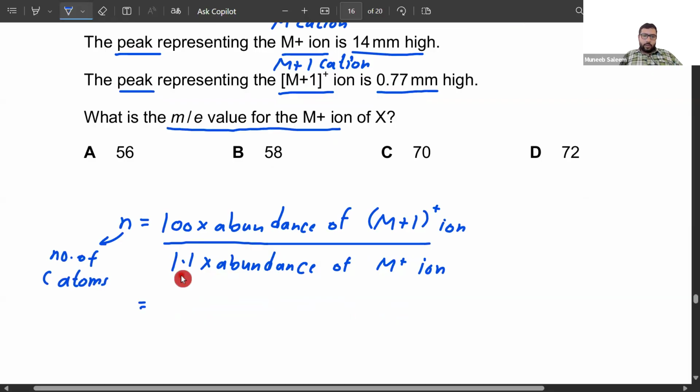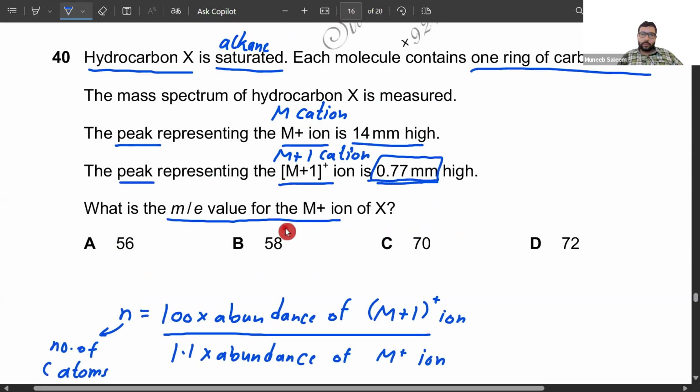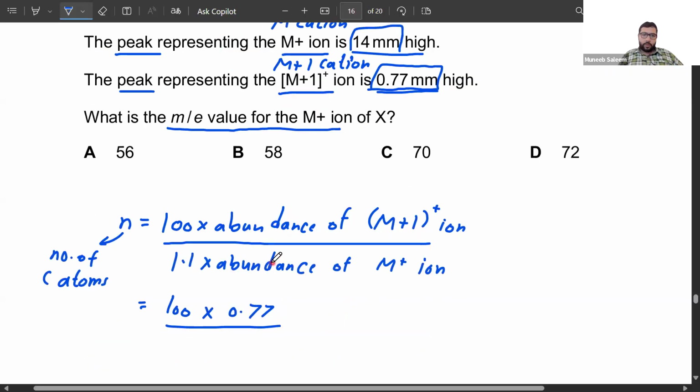So when you put in the values, what value should we put here? For M+1, we should write 0.77 mm high, because this is the only amount we have here. So 100 times 0.77, divided by the value of M+, which is 14 mm for the M+ ion, times 1.1.